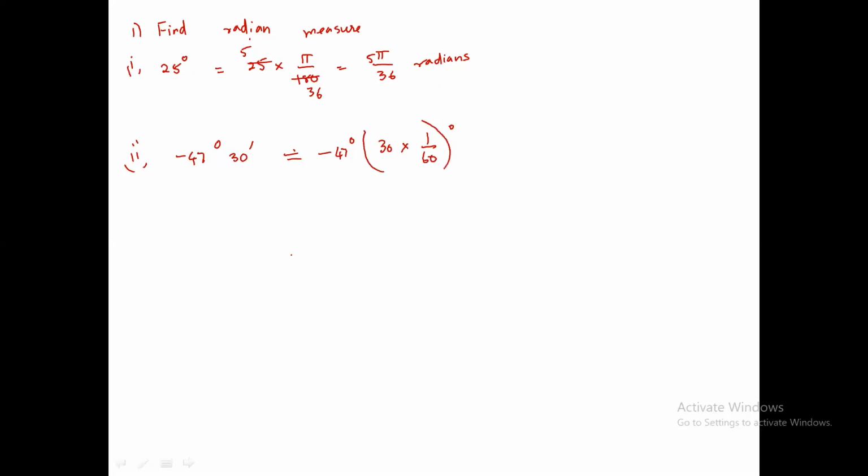I told you why I have to multiply: because 1 degree has 60 minutes, so 1 minute you will write as 1 by 60 degrees. That's why. Okay, 30 times 1 by 60. So I have minus 47 and a half degrees.